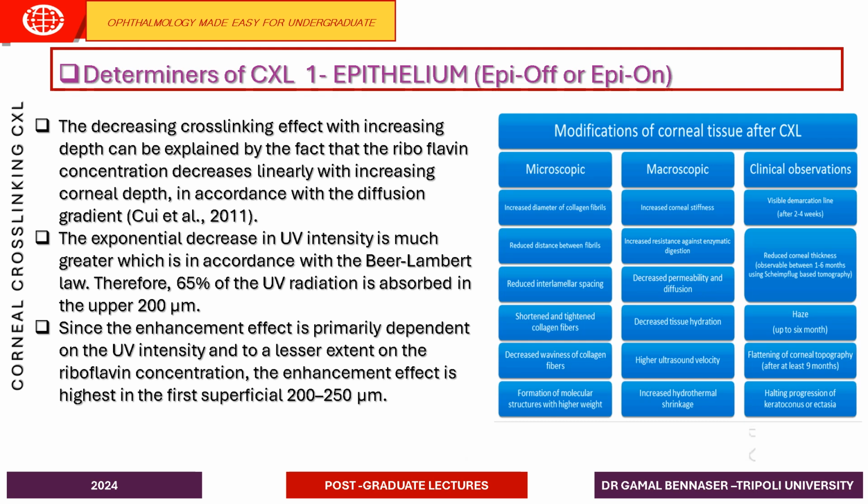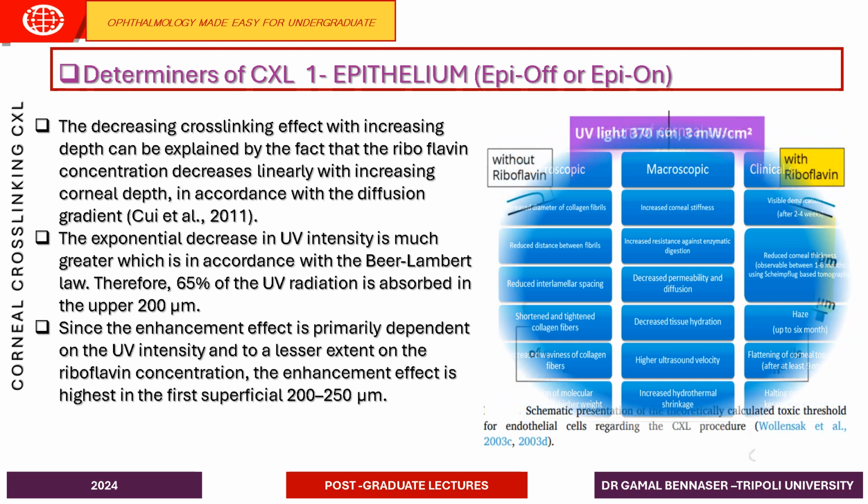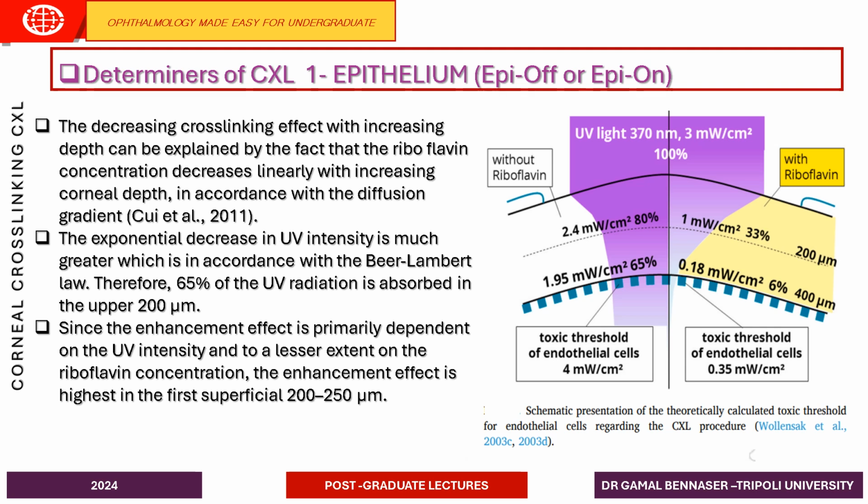The difference in the interface between these two parts of the stroma is seen by OCT as a hyperreflective line known as the demarcation line. So we use the demarcation line to represent the effectiveness of the cross-linking techniques.